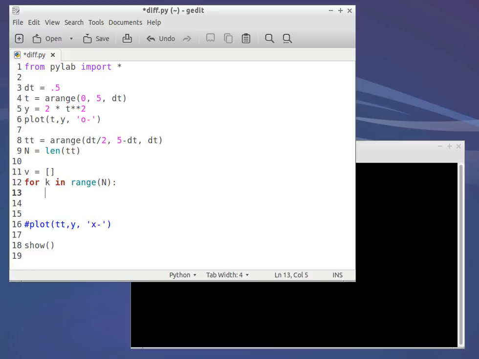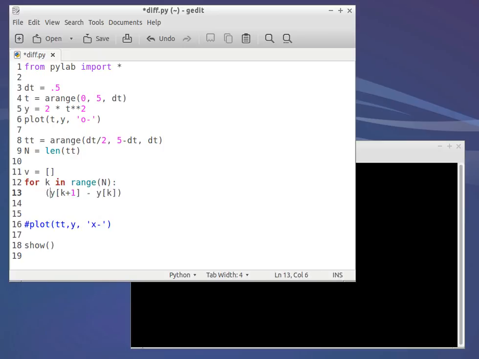Every step it would be, see on the graph, say first it enters with k equal to 0, and there we have to write y of k plus 1 minus y of k.